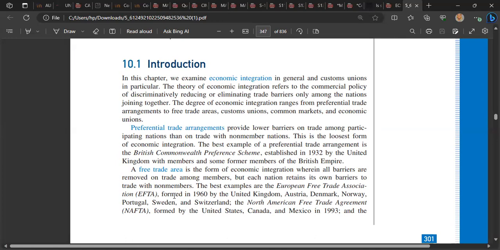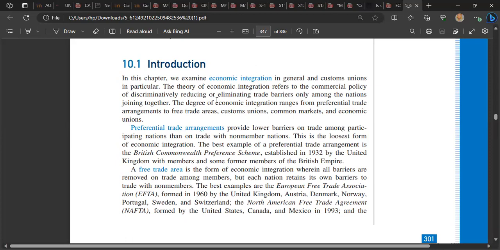And now we are dealing with situations. The first situation we want to deal with is where there's a preferential trade arrangement. That is when there are barriers in general, like what most countries have, but the barriers are deliberately lowered for certain countries and deliberately left high for others. So a preferential trade arrangement is part of economic integration.